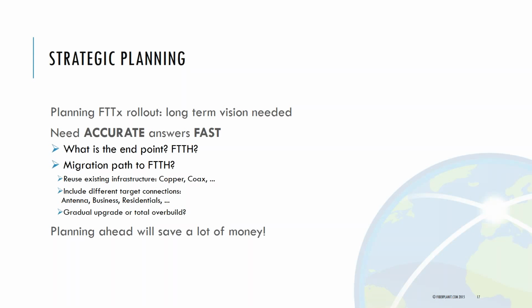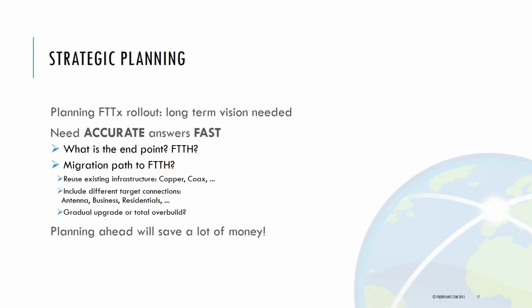It means we need accurate answers to the most important questions on cost and different scenarios, and we also need them fast because time is short when we are making these long-term decisions. There's a common consensus in the market that the ultimate endpoint of the broadband networks of the future is to bring the fiber all the way to the home.